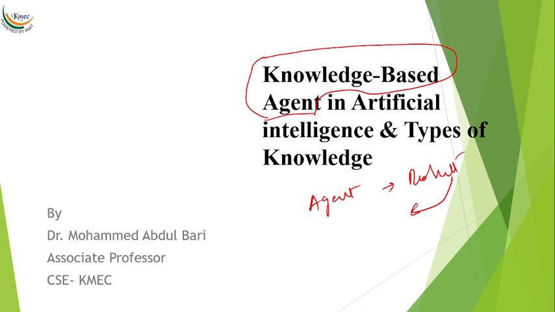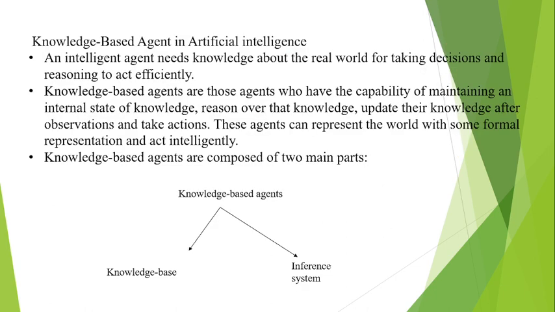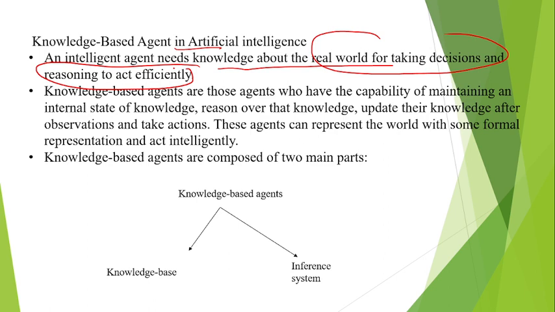So let's go to the definition part and see what it is. The knowledge-based agent is an intelligent agent in the real world, taking decisions by reasoning. The agent also maintains internal knowledge.